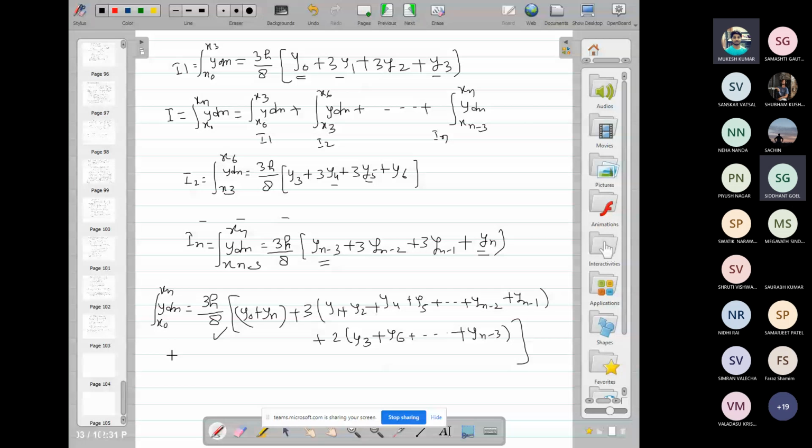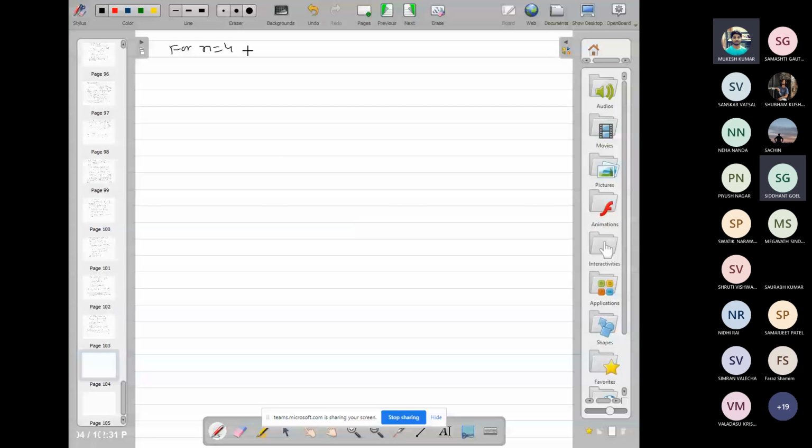So you can do it for n equal to 4, Boole's rule. Here n must be a multiple of 4. The integral from x0 to xn of y dx is in the general formula.